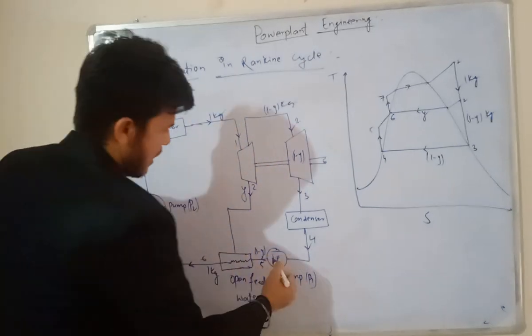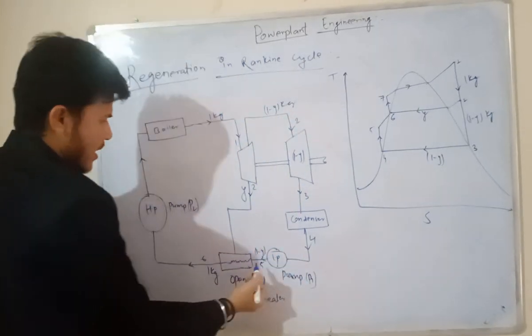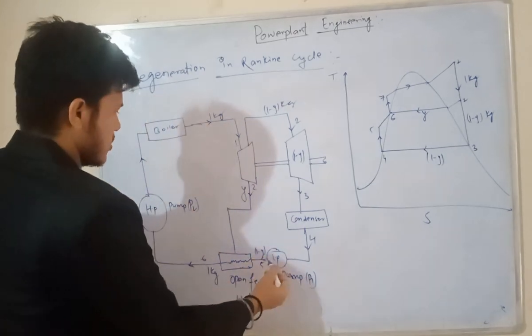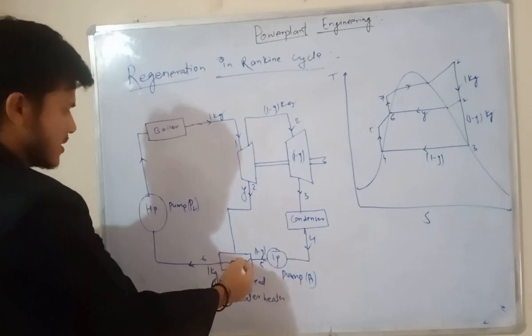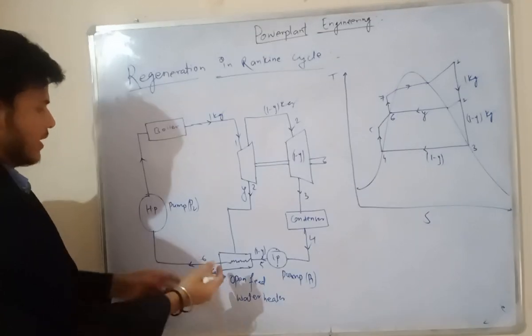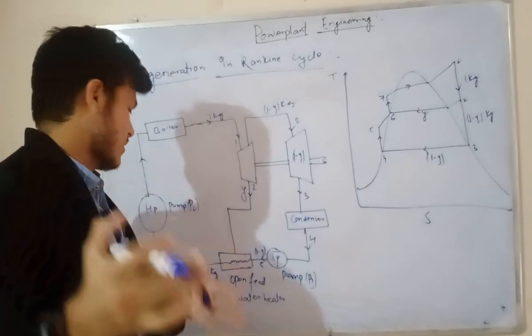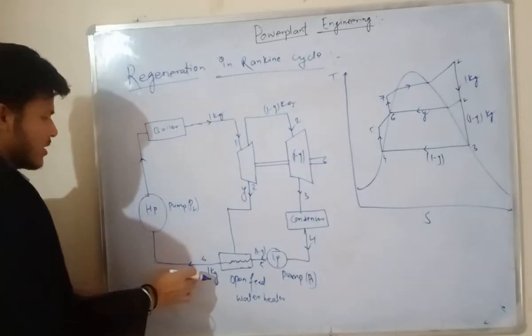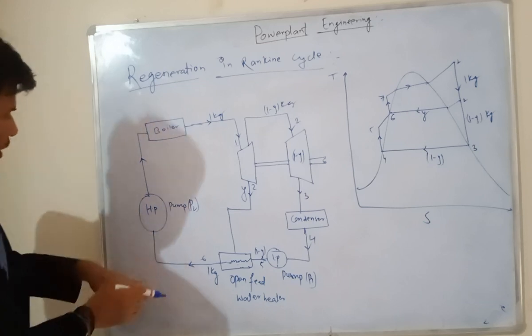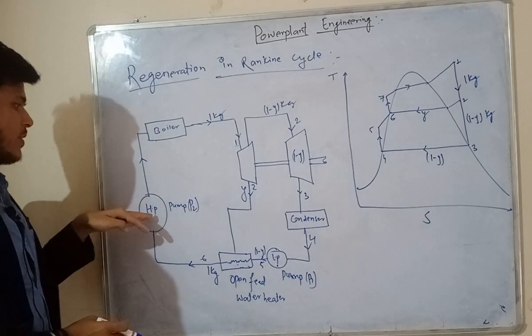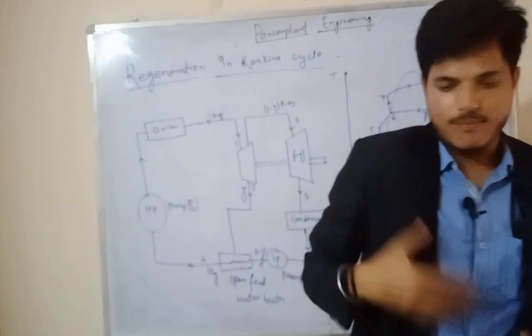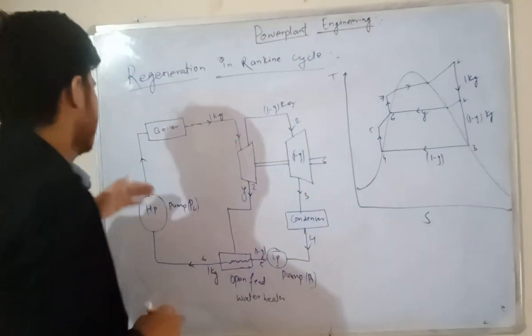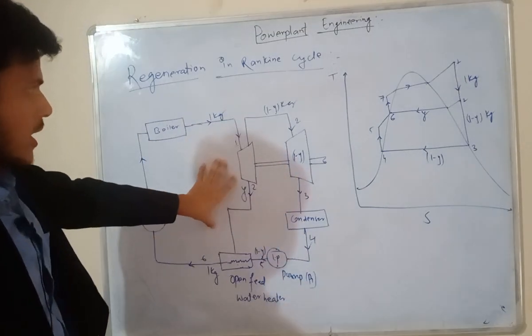Then it is transferred to the low pressure pump, which transfers the 1 minus y kg of liquid into the open feed water heater, where y and 1 minus y are mixed. Then we get 1 kg as the exit. We transfer this 1 kg of liquid into the high pressure pump. The function of a pump is to raise the pressure of the liquid and transfer it to the boiler. This is a general block diagram.